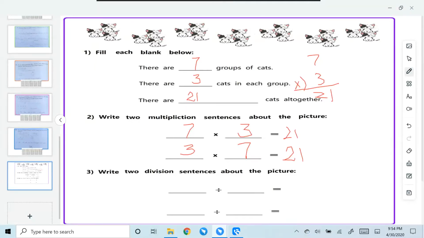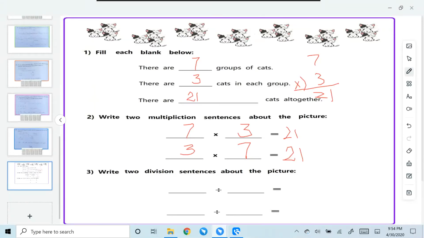Then the third one says write 2 division sentences about the picture. We know division is sharing. After sharing, it's always smaller.